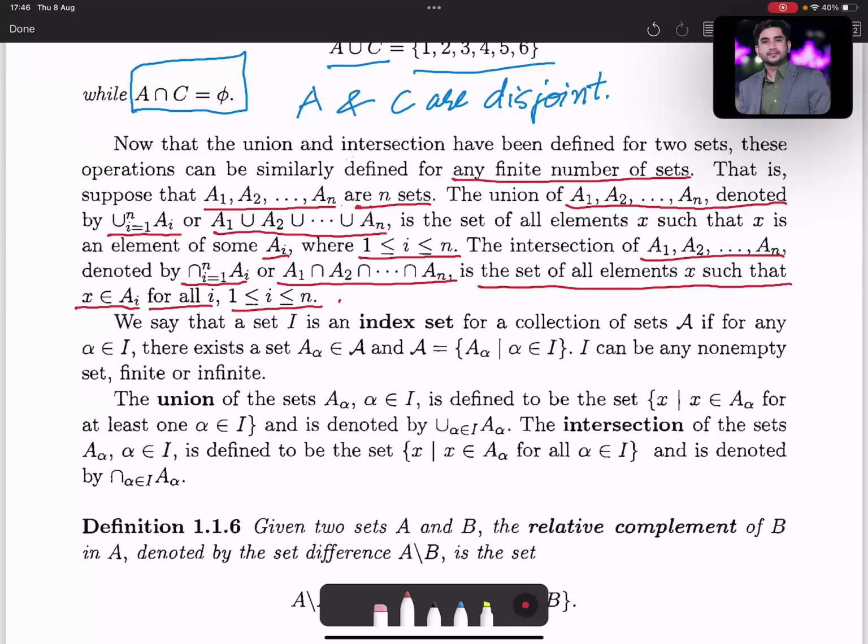We say that I is an index set for a collection of sets A. For any alpha in I, there exists a set A alpha in this collection A, so this is a collection of sets. I can be any non-empty set, finite or infinite.